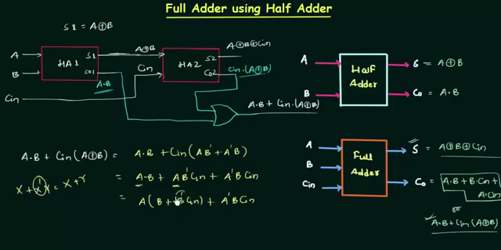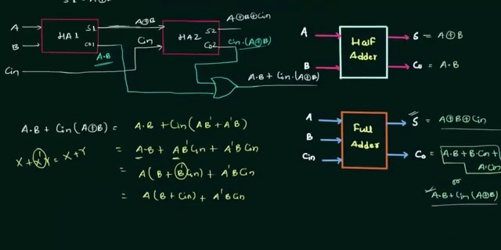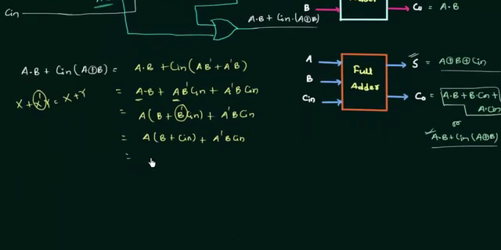In the same way, we will neglect B complement and we will have A (B or Cin), and the rest part will remain the same. We will again use the distributive law and we will open this bracket, A and B or A and Cin or A complement B Cin.